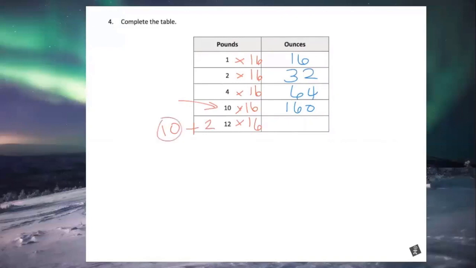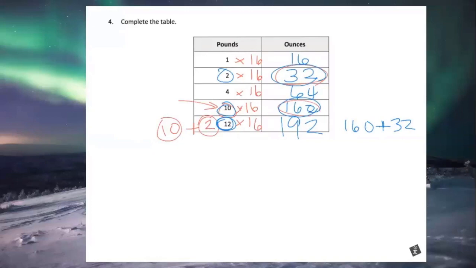And so 10 pounds is 160 ounces, and 2 pounds is 32 ounces. So I could do 160 plus 32 and get my answer of 192. I did it by adding 10 and 2 gives us 12, so that means 160 plus 32 gives me 192.